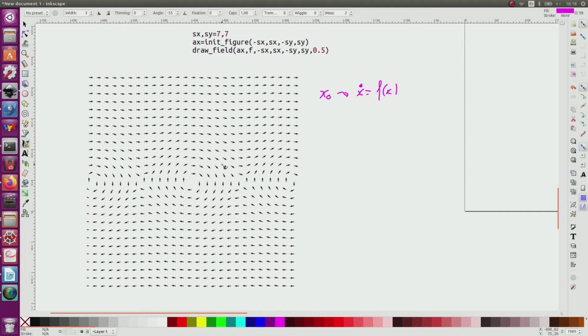So for instance, assume that I start here. If I follow the trajectory, the arrows, I will turn like this, and this corresponds to a situation where the pendulum oscillates. If I start here, I will oscillate like this. In the first situation, I was oscillating like this.